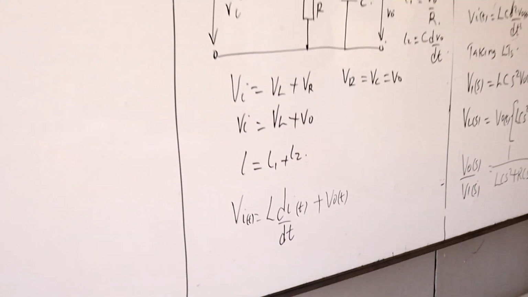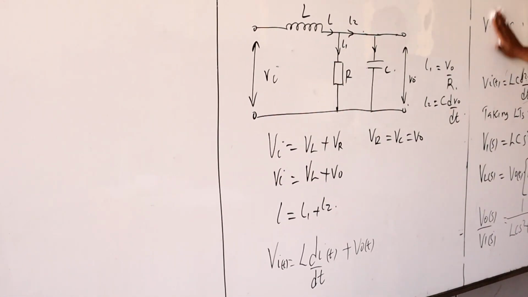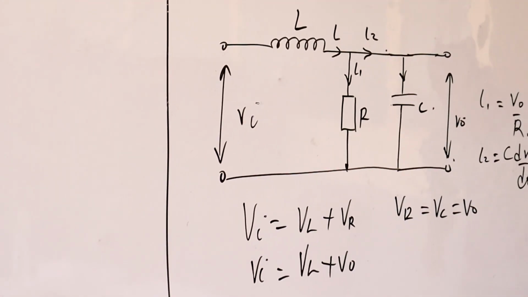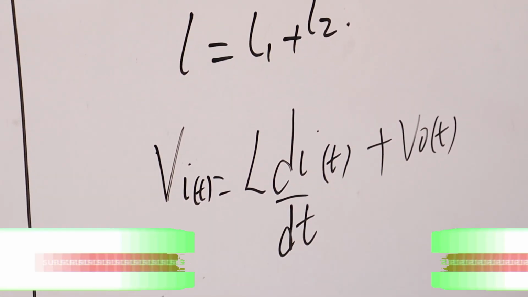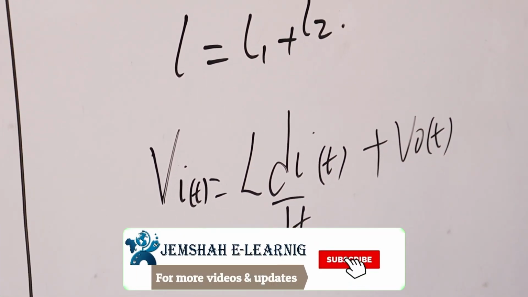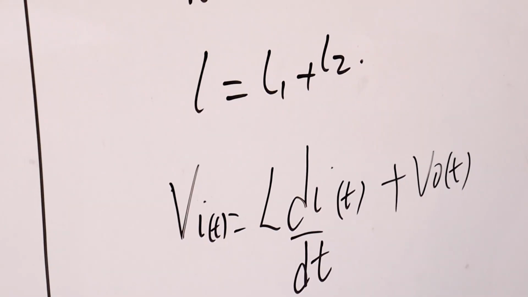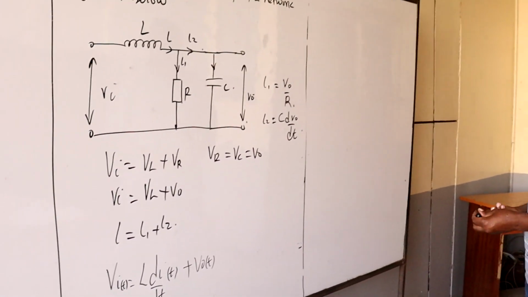So that is going to be our differential equation. After we have obtained that differential equation, we know that I equals I1 plus I2. So from that, we are going to expand this and then do the expressions as per what is there.